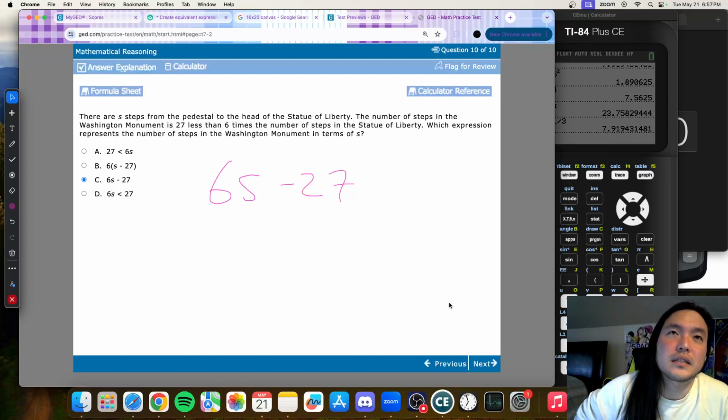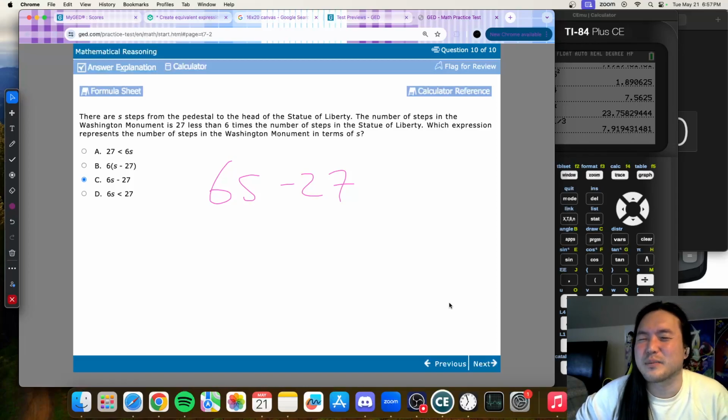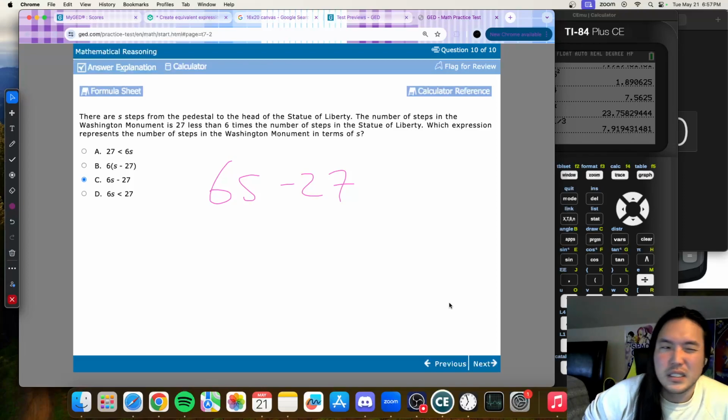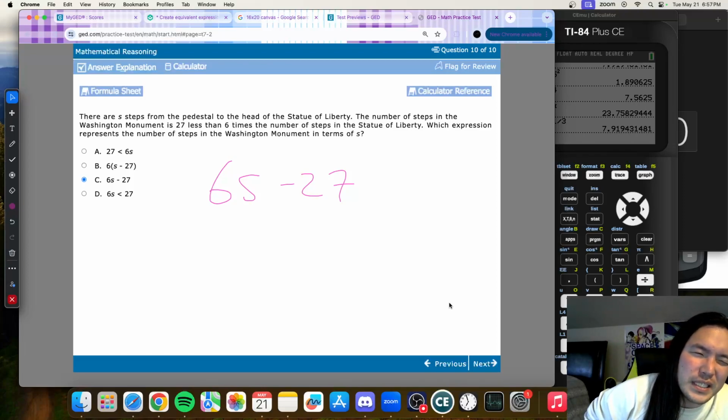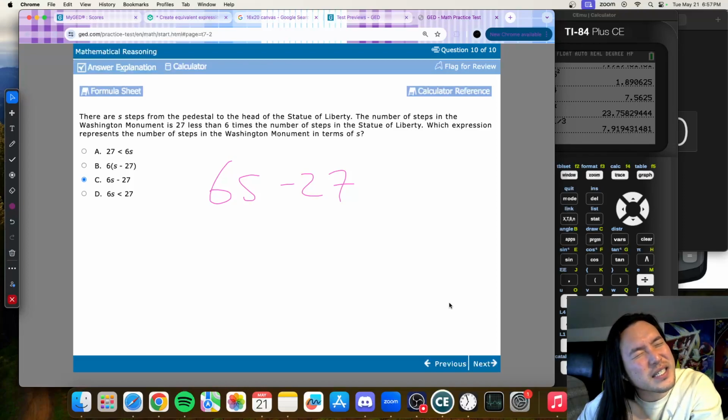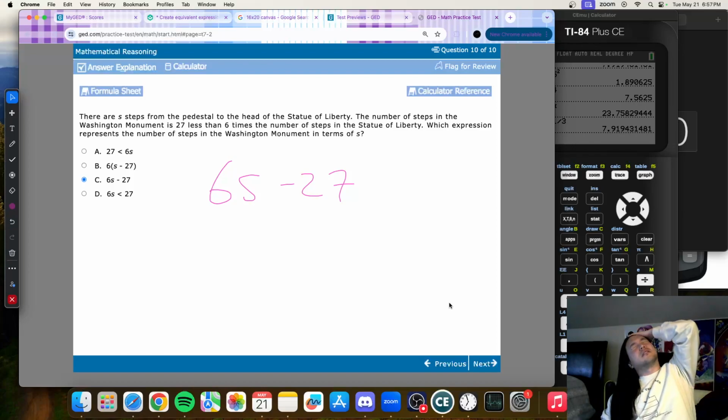If you say the number of apples I have is less than the number of apples Jake has, then it would be X is less than J. But if you say I have 3 less apples than Jake, then that's J minus 3. So here, 27 less than 6 times S is literally 6S minus 27. Am I making sense?